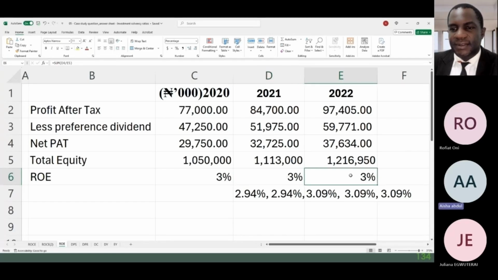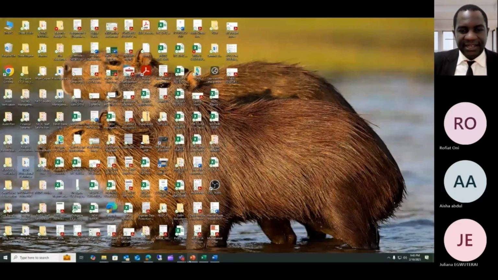Approximation, yes. Excel approximated it. So thank you very much for that fantastic calculation.